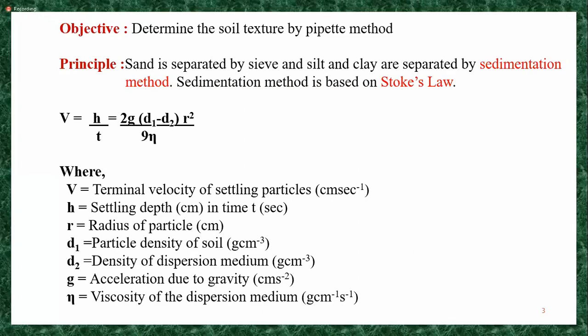Here we are going to sediment the particles based on Stokes law. Here you can see the equation: V is equal to H by T. Here V means terminal velocity of settling particles.